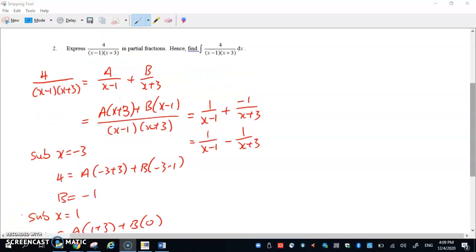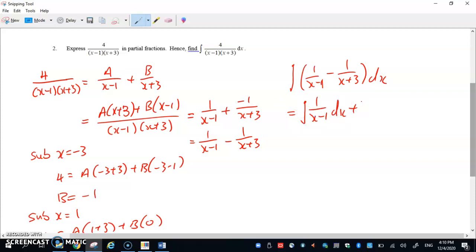So right now we'll integrate this entire expression. We have the integration of 1 over x minus 1 minus 1 over x plus 3 dx, and this will give us ln mod x minus 1 minus ln mod x plus 3 plus c.